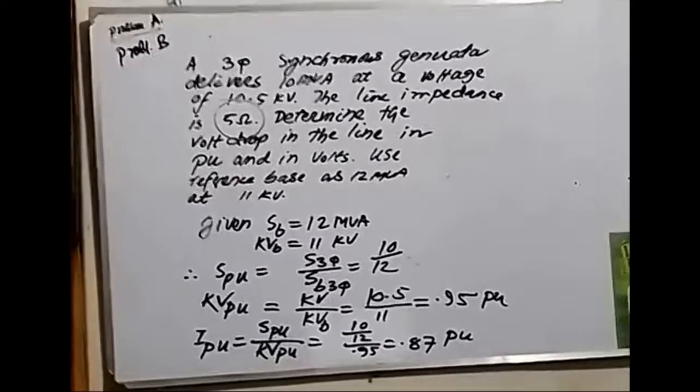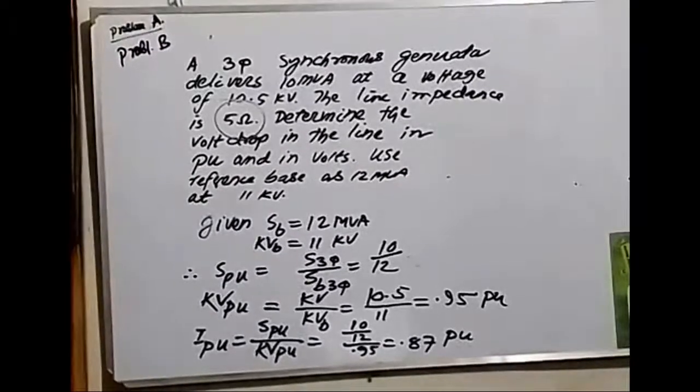Actual KV is 10.5 and base KV is 11, so 0.95 per unit. Now I per unit equals S per unit divided by KV per unit, 10 divided by 12.